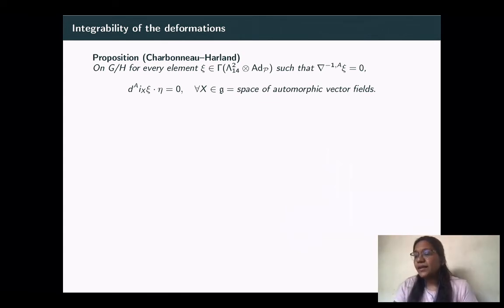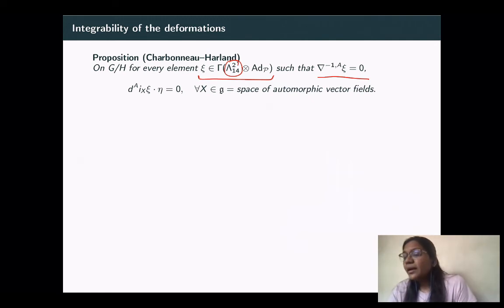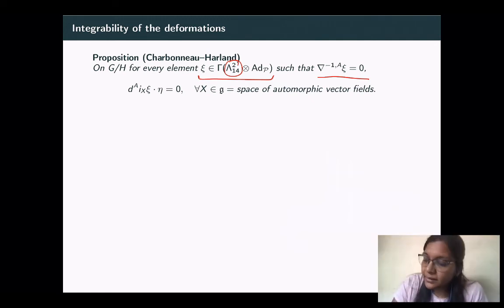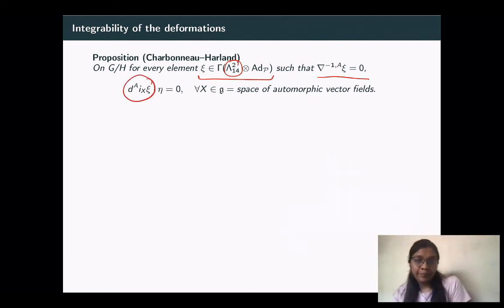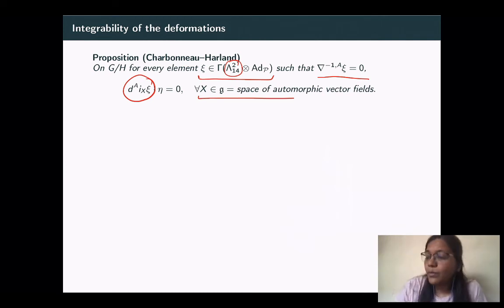And they say that if we have any element C, which is a Lambda^2_14 ⊗ 𝔞_P valued form, so just Lambda^2_14, as we already saw that this is one of the pieces in the decomposition of the two forms, and if C also satisfies this parallel condition, then this ι_X C is an infinitesimal deformation of the canonical connection for all automorphic vector fields.